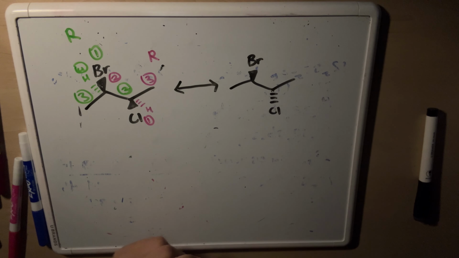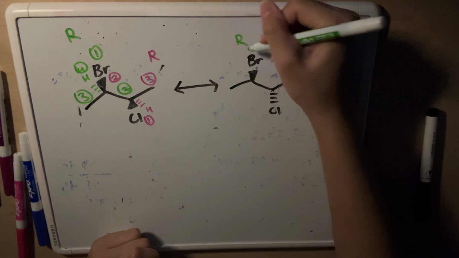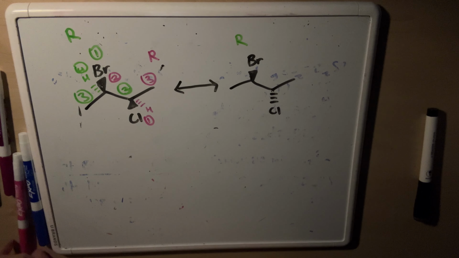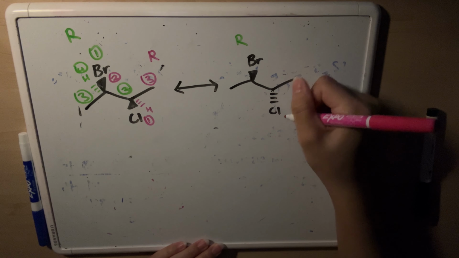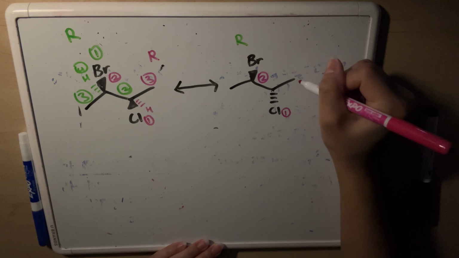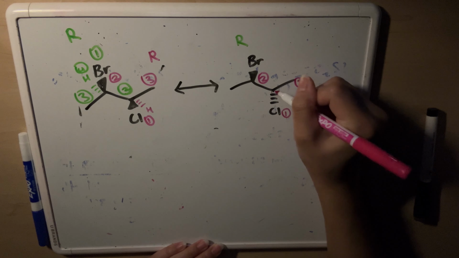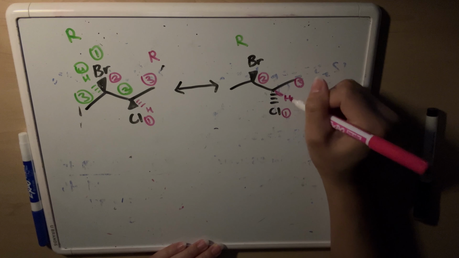Here, let's also assign R and S again, just for practice. So this has not changed. This bromine one is still R, but maybe we can see if the chlorine one has changed. So we still have 1, 2, 3, and then it's on a wedge hydrogen, so it's a 4.